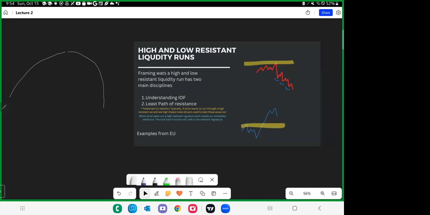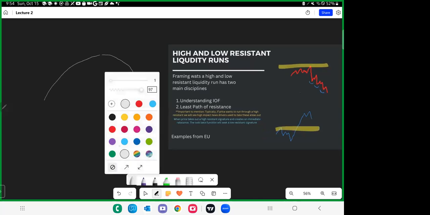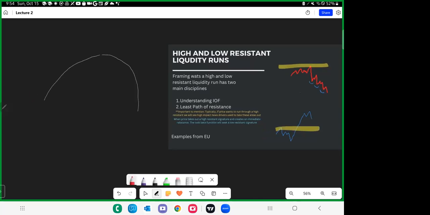If I'm on the buy side of price, right, then primarily if price is reaching up to an array and that state of order flow has changed to bullish, these highs are going to be what we reference as low resistant liquidity runs, right? To a certain degree, what this means is trade with order flow. That's basically all it's saying.